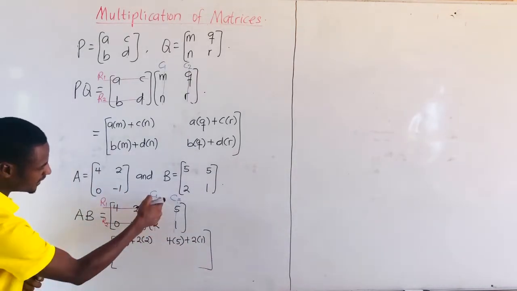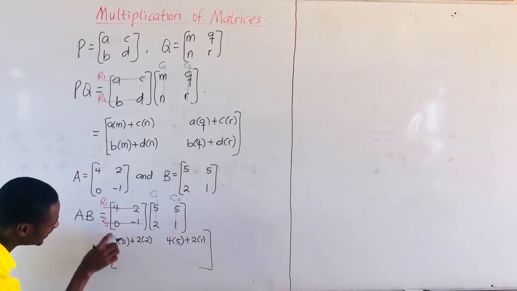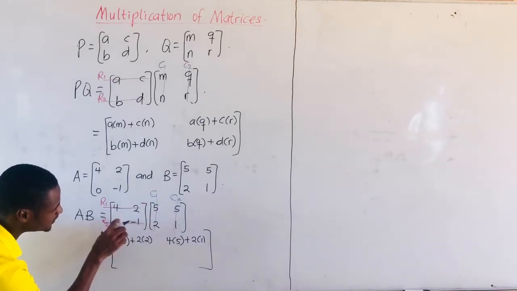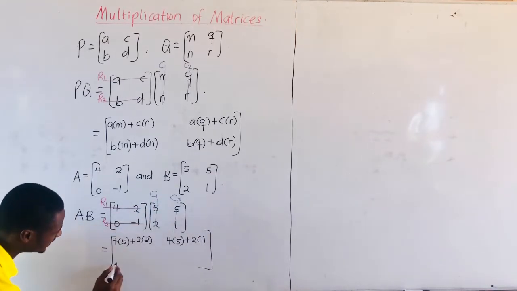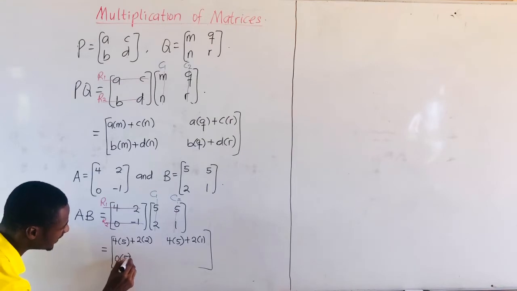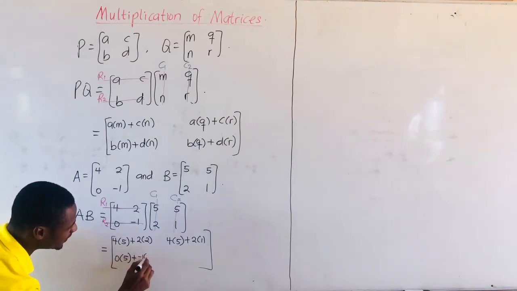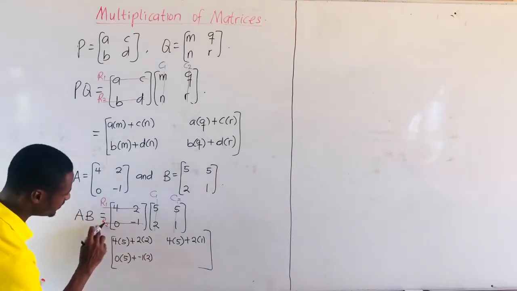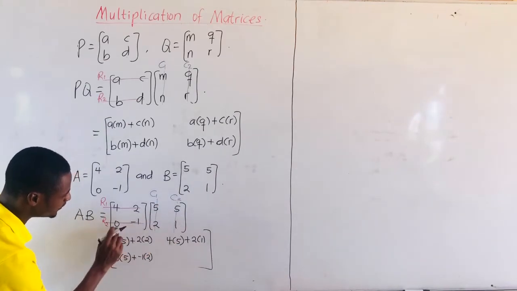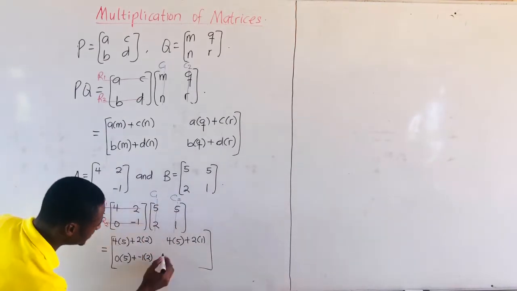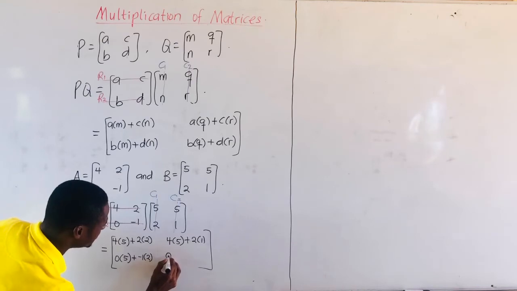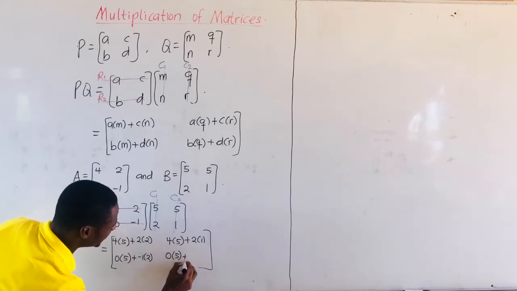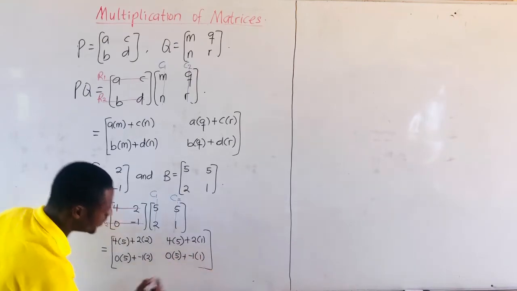Row 2 times column 1 will give us, this is row 2, column 1, so first by first, second by second, 0 times 5 plus negative 1 times 2. Then row 2 by column 2, first by first, second by second, that also gives us 0 times 5 plus negative 1 times 1.